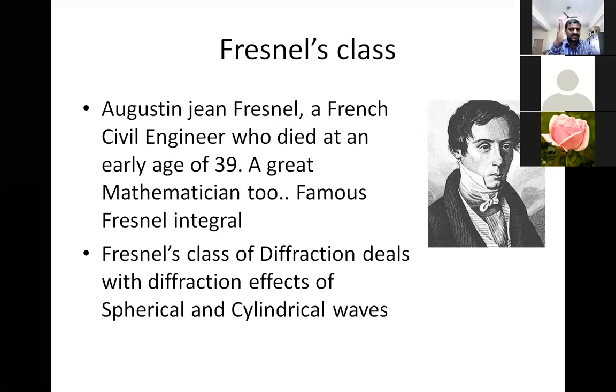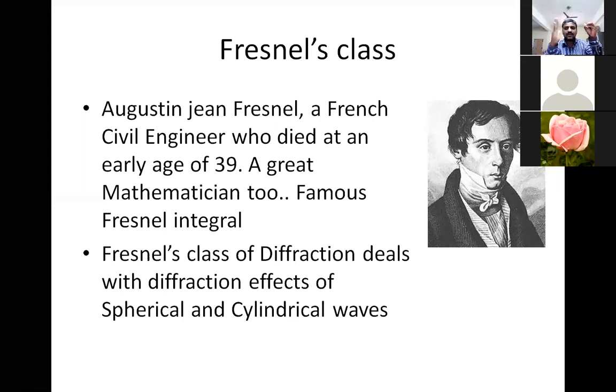So in Fresnel's class, what happens is the source of light which is shining this particular object will be at finite distance. That is, these two are at very small distance, not at infinity. I repeat, the slit, we loosely call it a slit or aperture, and the source of light are at finite distance, right?